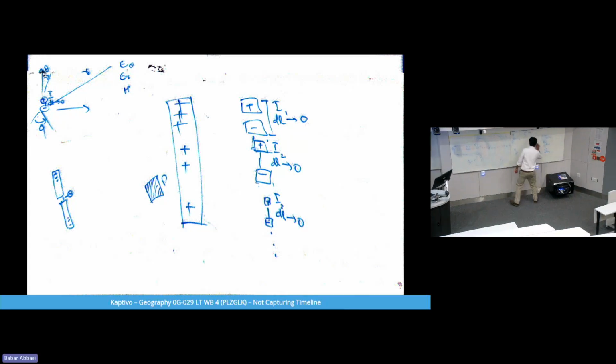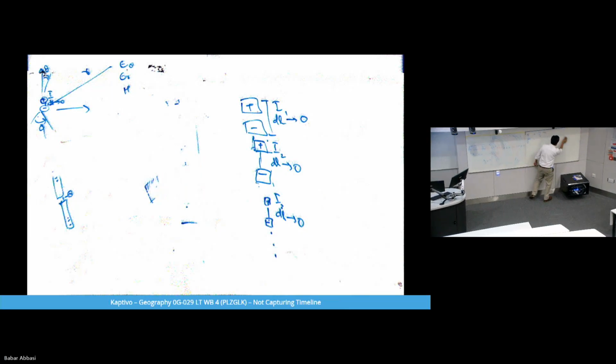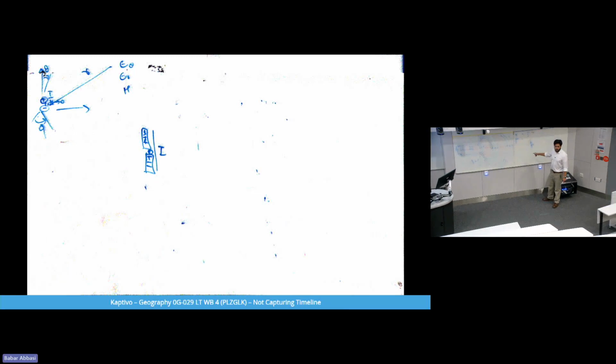So we have seen that a simple current carrying stripe with a positive and negative terminal is an electric dipole. With this arrangement, we will have current I going up and down and up and down in this stripe.